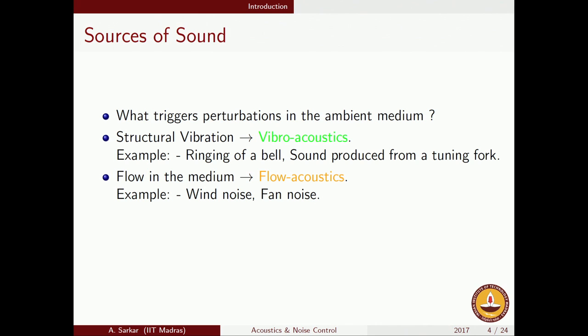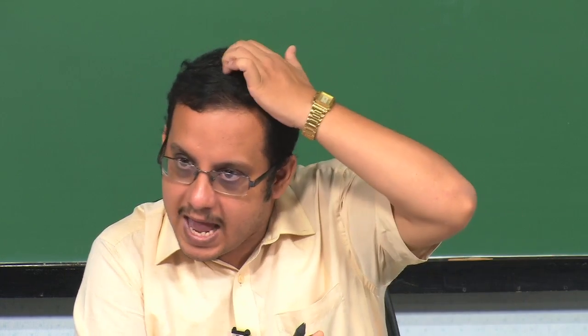Another very nice example of flow induced sound, which probably you guys experienced last month, when cyclone Vardah was striking us, then there was a huge noise, a shrill, deafening noise was being carried through. So, the motion of the air as it passes through different structures is able to cause noise also, and the reason is quite simple.